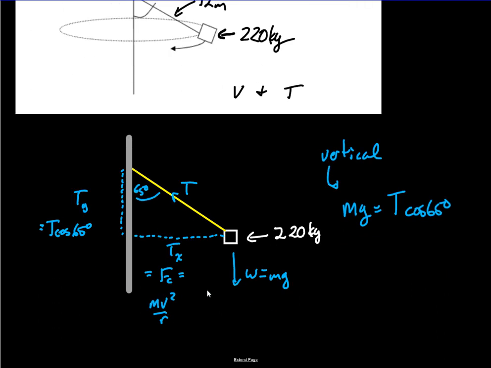Or actually, we could also consider it as m 4 pi squared r all over T squared. We'll see which makes more sense. I believe in this case we're looking for velocity, so we wouldn't end up using that. However, it's possible that you get a question similar to this where you do want to find the period, let's say, and you would go from there.